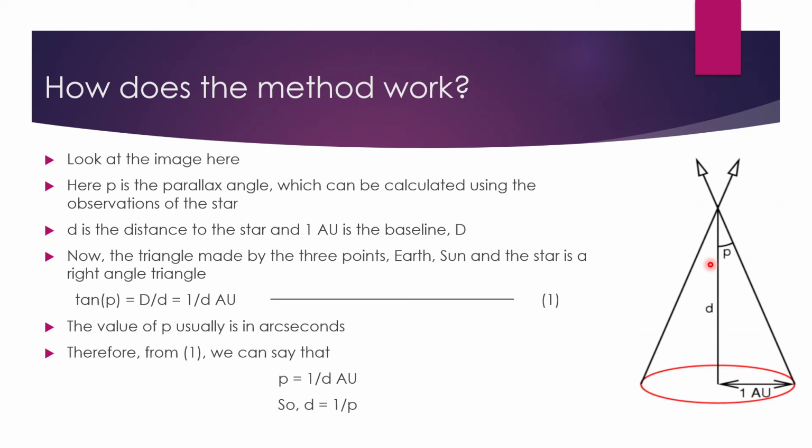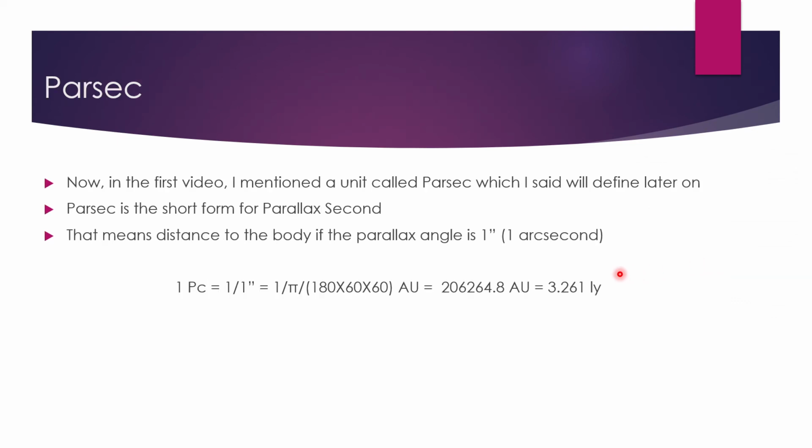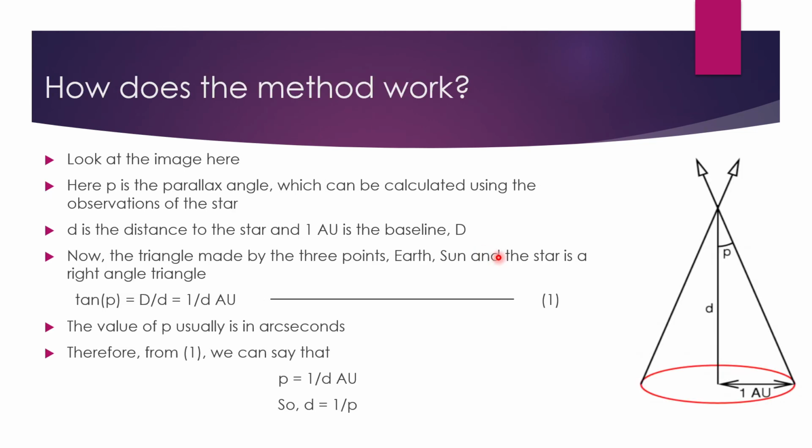Now in the last video I also mentioned a unit, parsec, but I didn't define it. So now it is time to define the parsec. Parsec is the short form for parallax second. So what does parallax second mean? It means the distance to the body if the parallax angle of that body is 1 arc second. So this angle over here is 1 arc second.